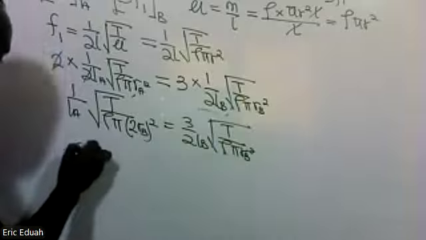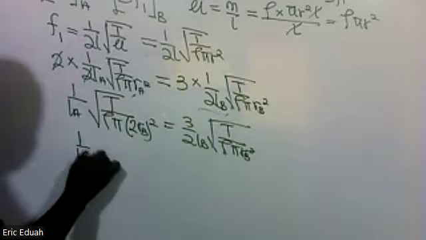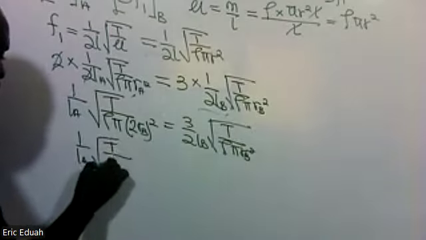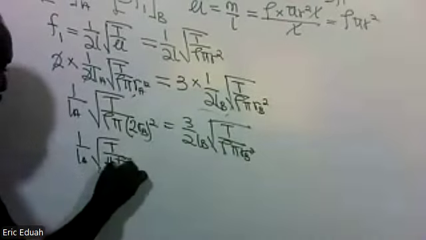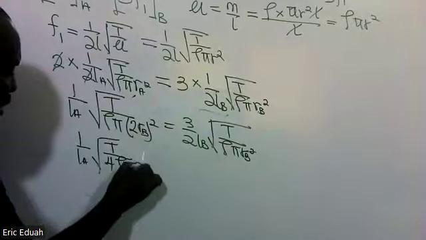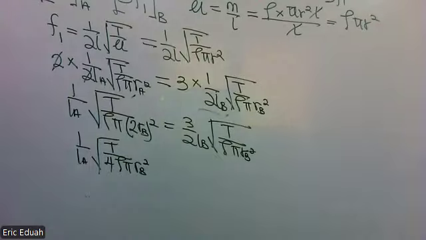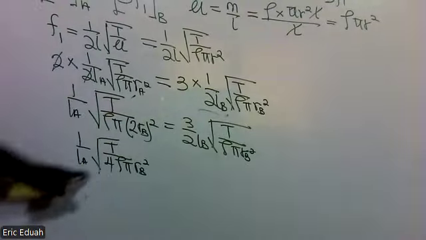And when we do that, we'll have T on 4 rho pi RB squared over here.